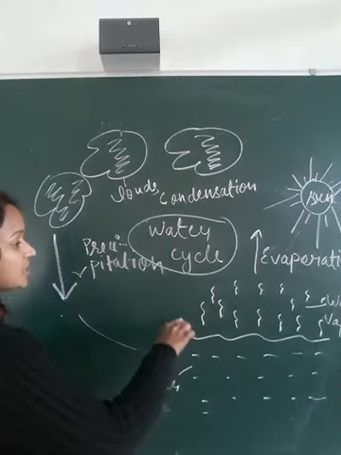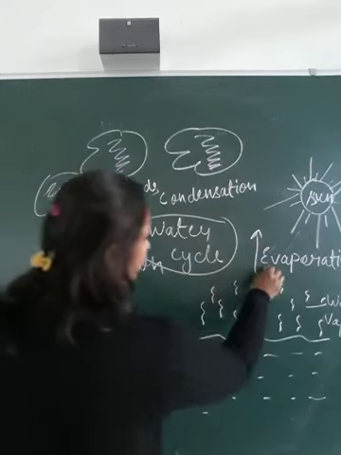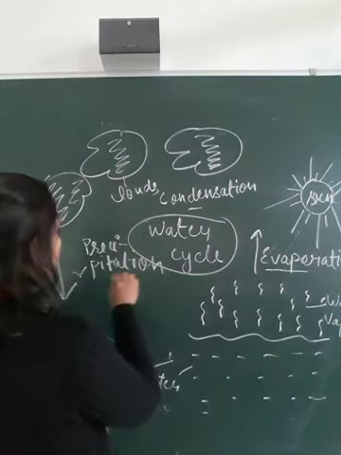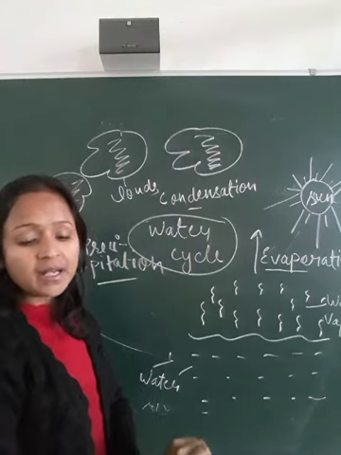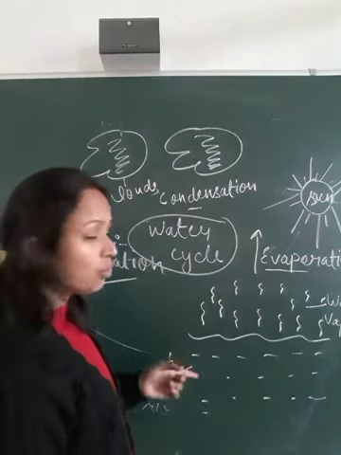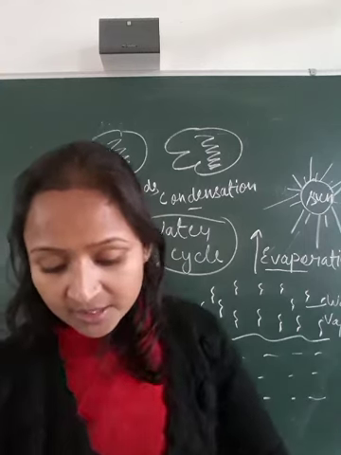The whole process is called the water cycle. And in the water cycle you can see that three processes are there: evaporation, condensation and precipitation, and the whole cycle is repeating again and again.